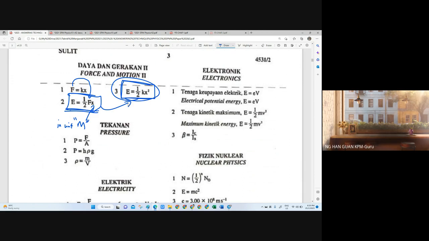Make sure the units of length are converted back to meter, especially when you substitute into the formula, 1/2 kx squared. Make sure the x and the k are all in meter units, and the x must be x squared. So don't forget.